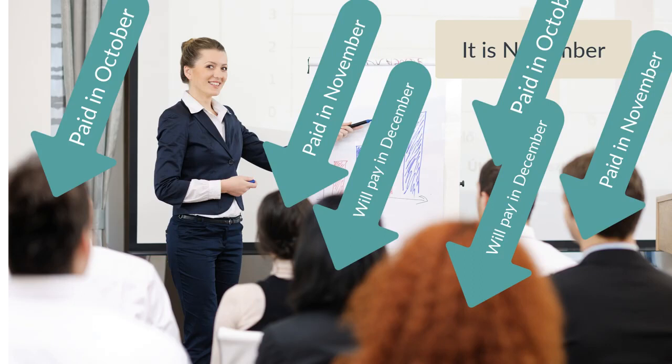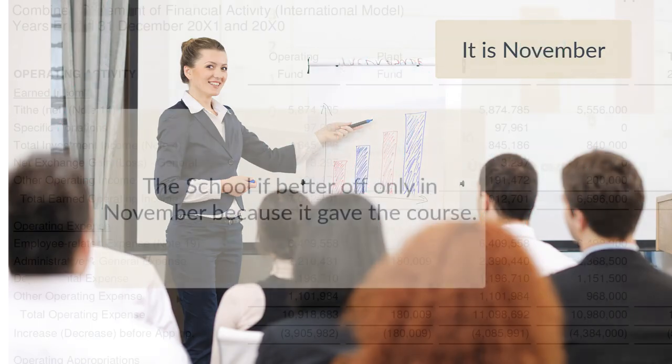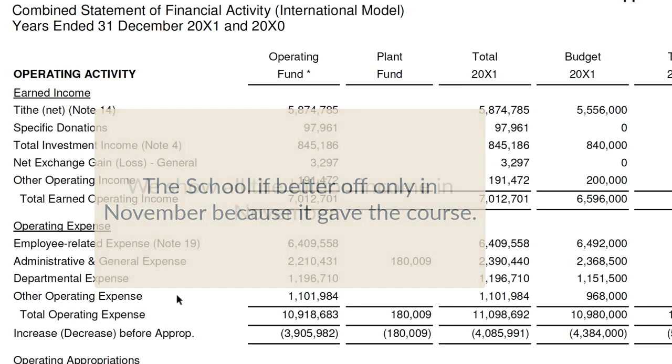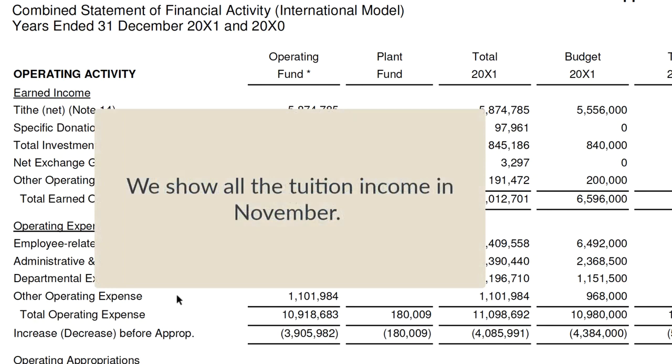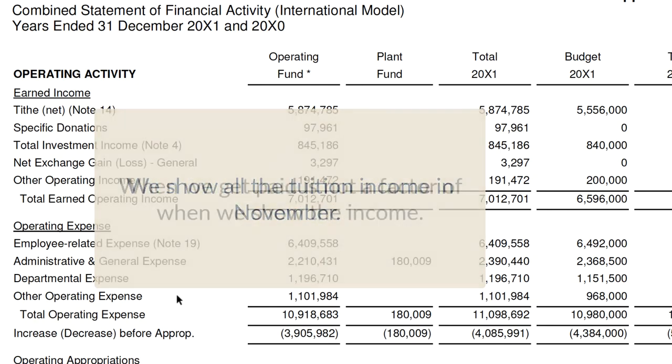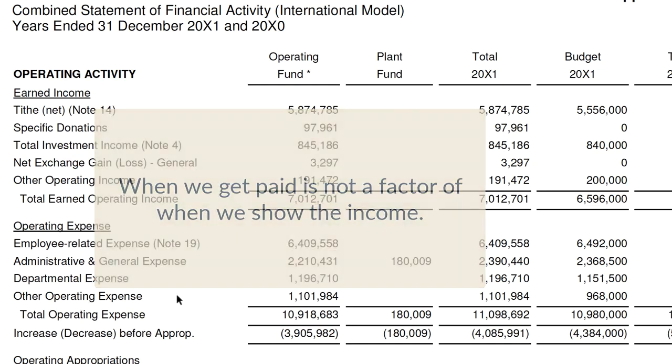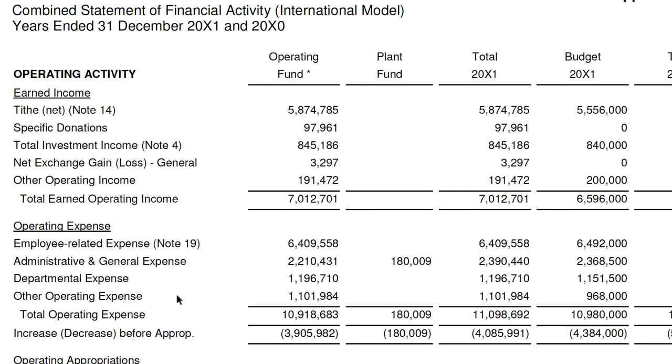But the tuition bill for the month is $100,000. Well, we will show 100,000 as tuition income whether we have gotten the money or not. The fact that some pay in advance, some during the month, and some after the month is not affecting the amount we show as income for November.